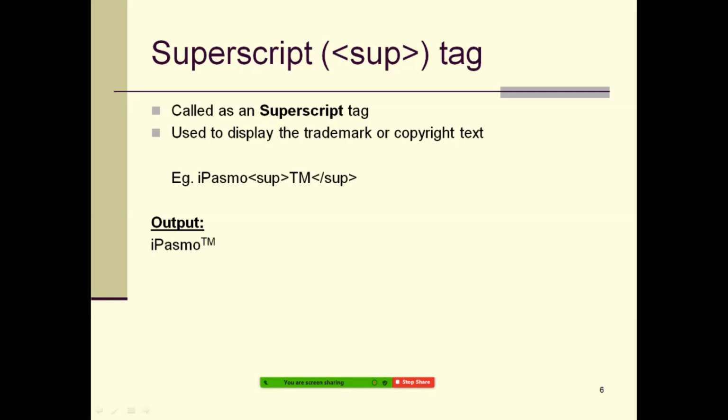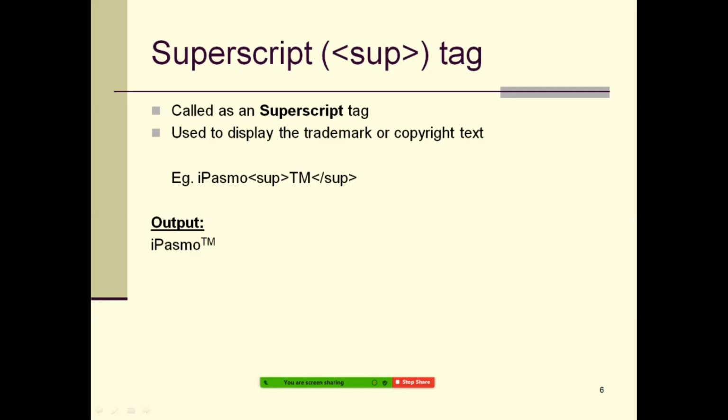If you have your own company and you want to trademark your product, you can add TM, and it will be in smaller text displayed at the top right corner, like this. Then iPassmo will be my own trademark, so nobody else can use it. If you want this kind of behavior in your web pages, you can make use of the superscript tag. It is used to display a trademark or copyright.